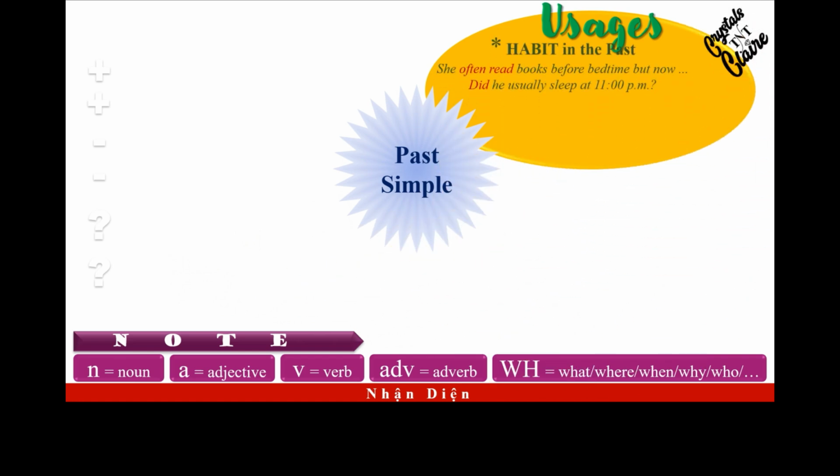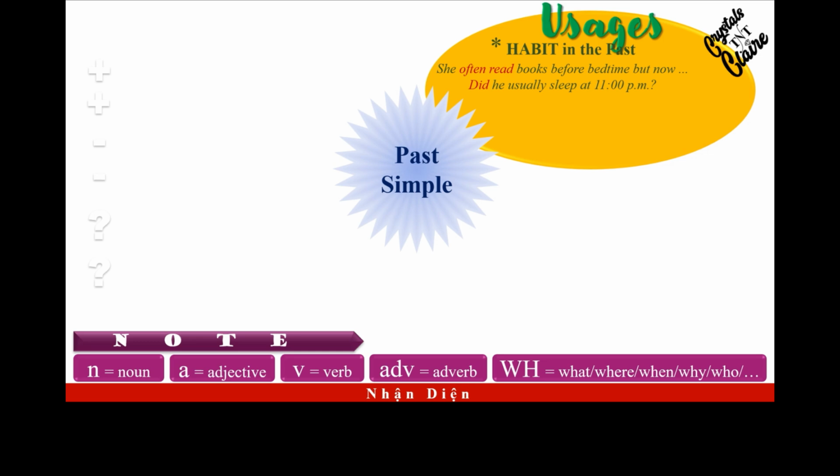Okay, so past simple. Usage. Habit in the past. She often read books before bedtime, but now, no more, like that. She often read books before bedtime, but now she surfed the internet.